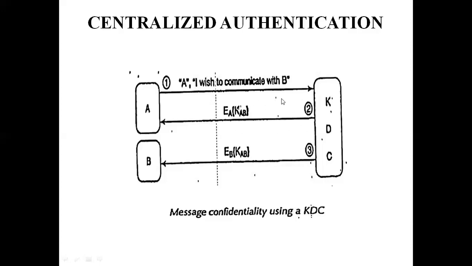Message 3 is encrypted using KB, the secret shared between B and the KDC. Both A and B decrypt their messages and obtain the short session key. This is what centralized authentication is.